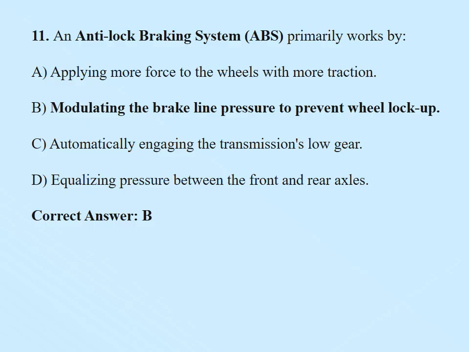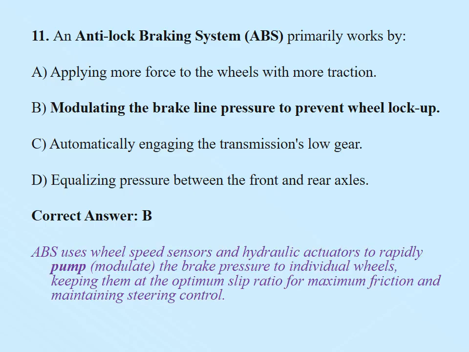Correct answer is B, modulating the brake line pressure to prevent wheel lockup. ABS uses wheel speed sensors and hydraulic actuators to rapidly modulate the brake pressure to individual wheels, keeping them at the optimum slip ratio for maximum friction and maintaining steering control.